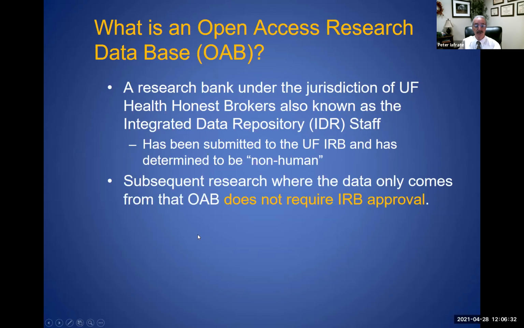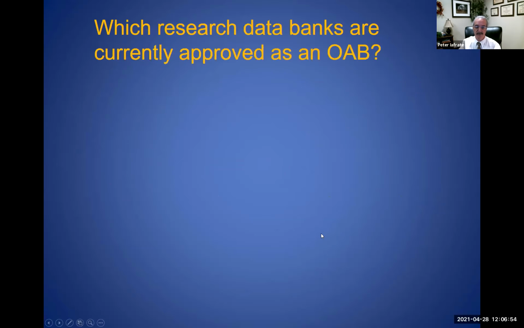Here's the key point: subsequent research where the data only comes out of those open access databases does not require IRB approval. I'll explain that a little more in a moment.